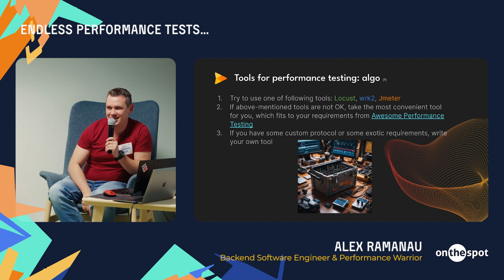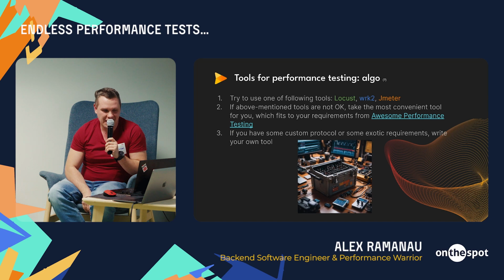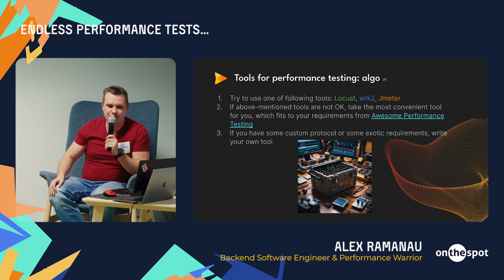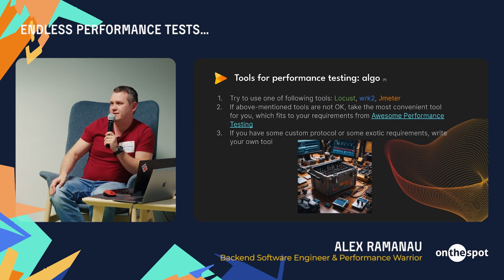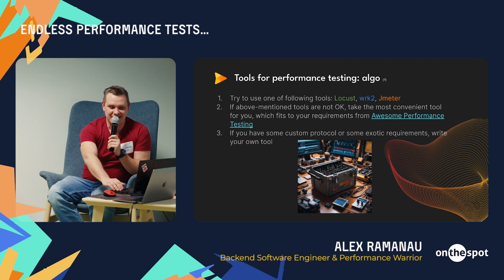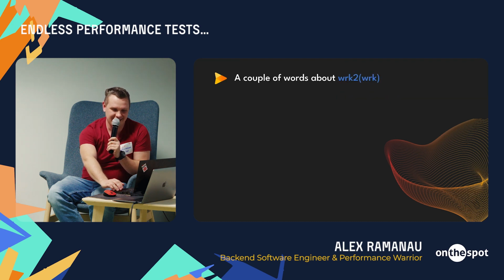Unfortunately, I don't own this list, but maybe I'll try to gather my own. Sometimes you have exotic requirements, like a custom protocol, and you have to develop your own test. It happens. By the way, one question: does anyone use any of these tools, Locust, Wrk, or JMeter? Oh, that's great. Thank you. We will discuss it.